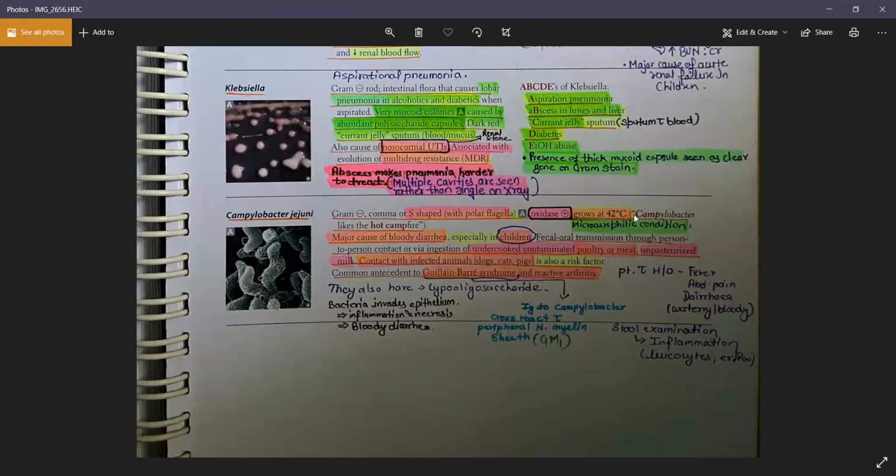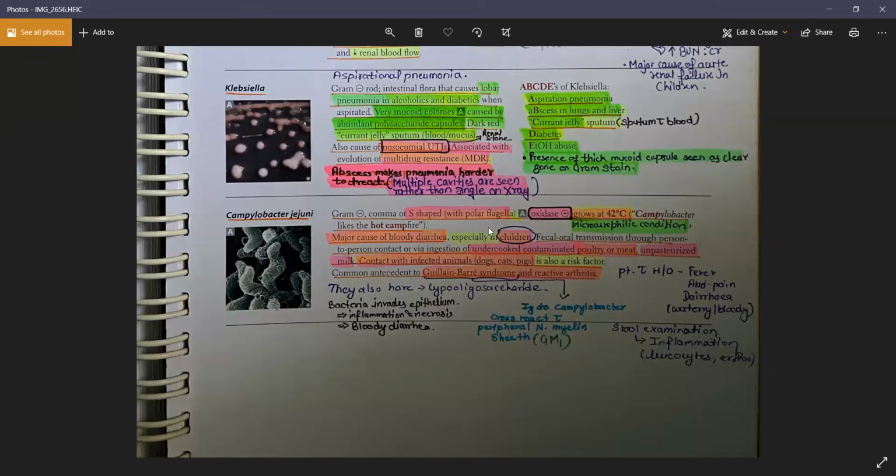They grow at 42 degrees centigrade, and they require very low oxygen conditions to grow, known as micro aerophilic conditions. Very important, micro aerophilic conditions. They require very little oxygen to grow. They're oxidase positive. They have this S-shape with polar flagella, which is a flagellum on one side of the bacteria. And of course, they are curved or comma shaped or S-shaped.